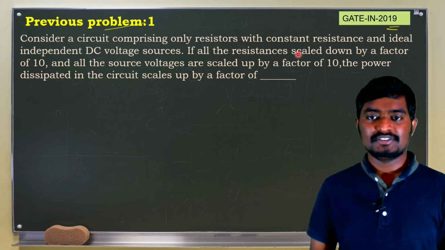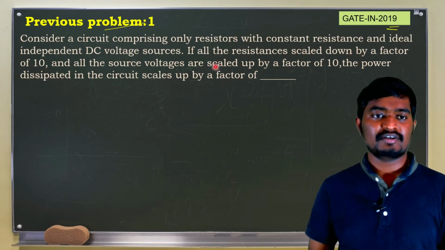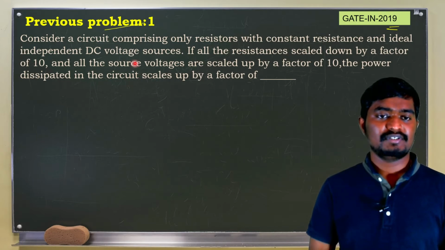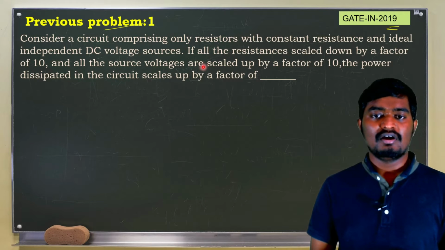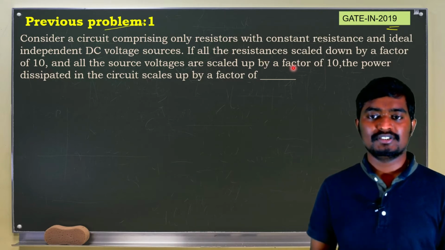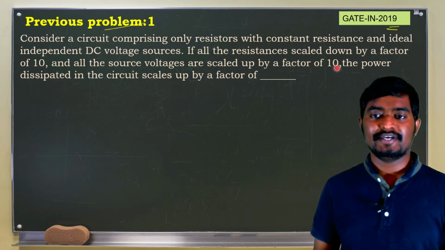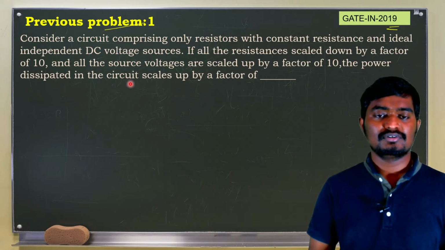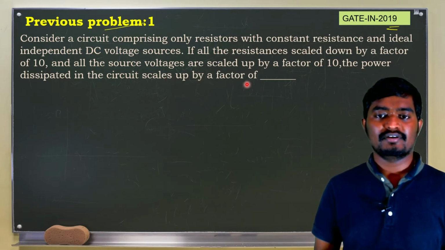If all the resistances are scaled down by a factor of 10, means all the resistances are decreased by 10 times, and all the source voltages are scaled up by a factor of 10, means all the source voltages are increased by 10 times, then we have to calculate the power dissipated in the circuit scales up by a factor of dash.